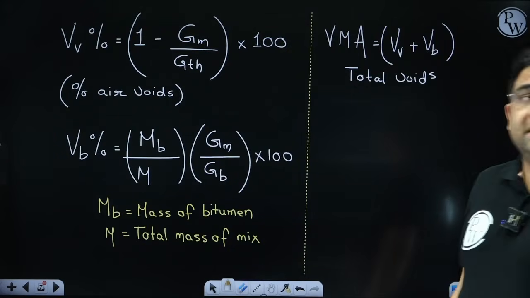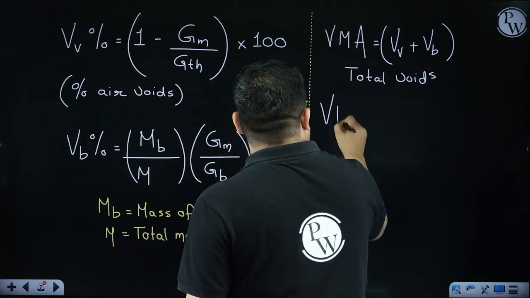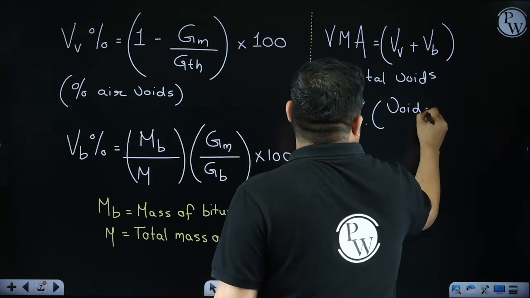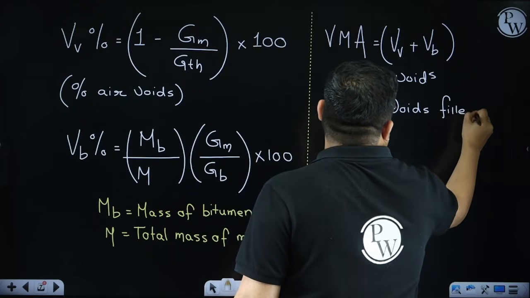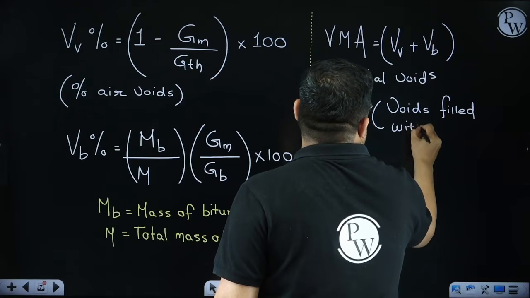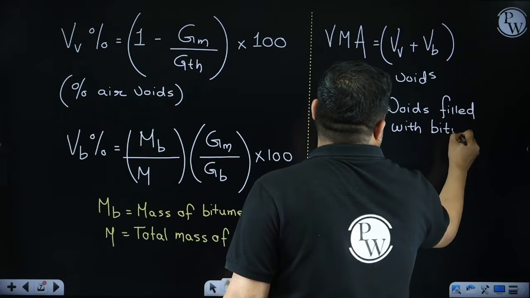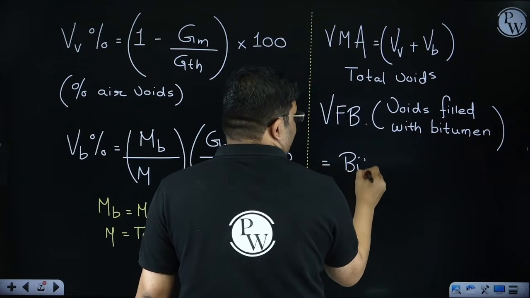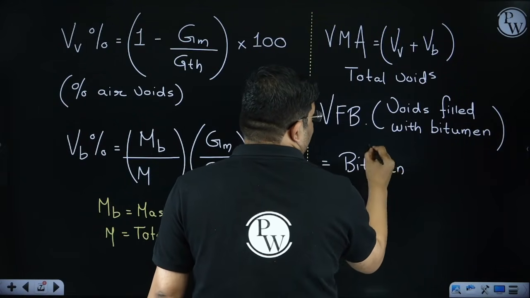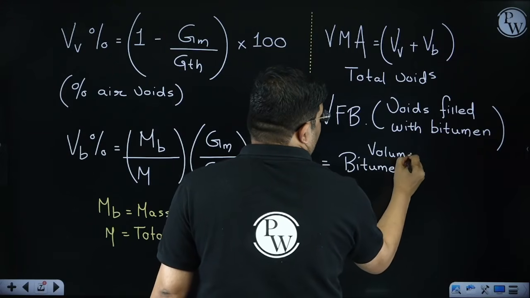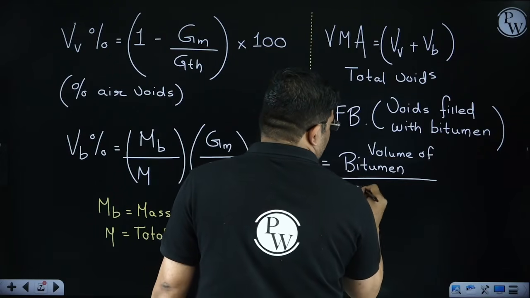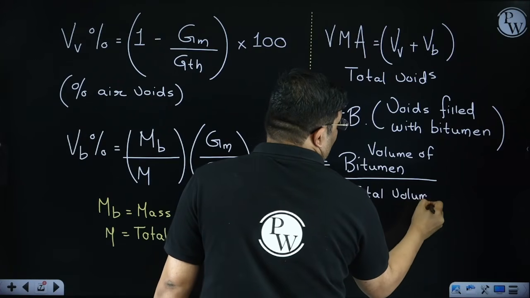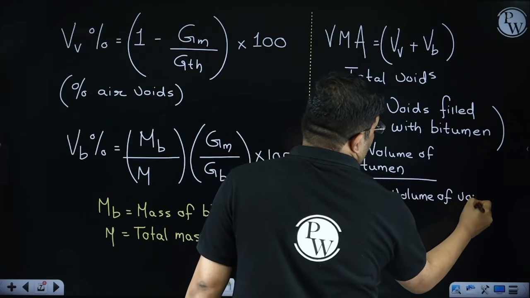Then we'll come to the last term, that is VFB, voids filled with bitumen. This is very easy. This is the volume of bitumen divided by the total volume of voids into 100.